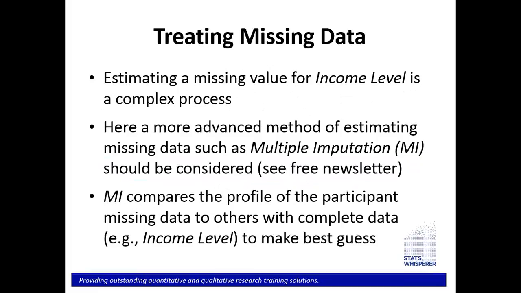So it makes a best guess, but it's still a guess. So you have to look at your ideology here. Some people like to work with the data that the study participants provided, and some people don't mind estimated values. So that's one of the things you'll need to decide ideologically for yourself.